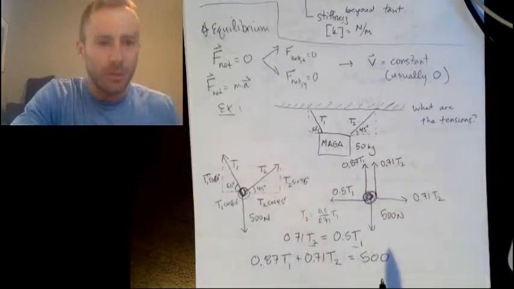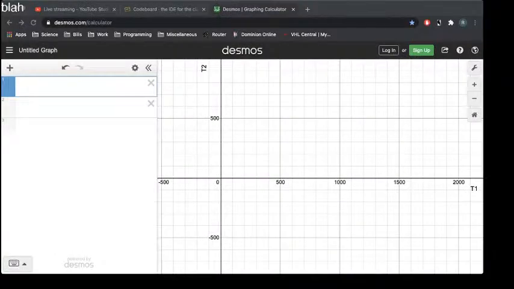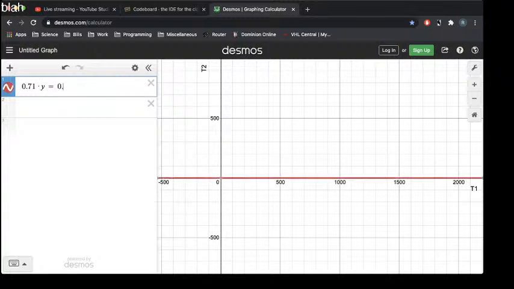So let me switch over to Desmos here. So you can see that on the vertical axis, I have T2, and on the horizontal axis, I have T1. So I'm going to simply type in the equations. So T2 is y, so I have 0.71 times y equals 0.5 times x.